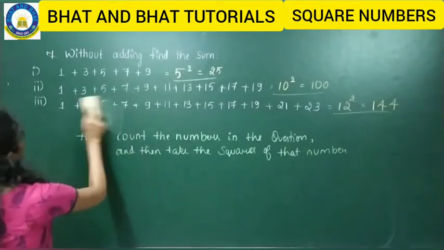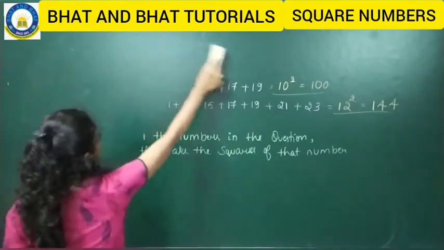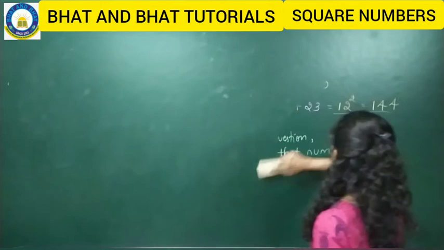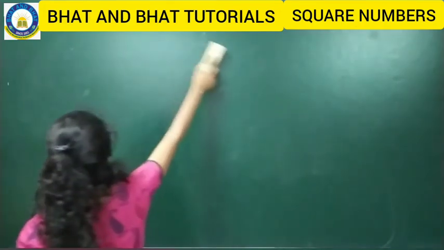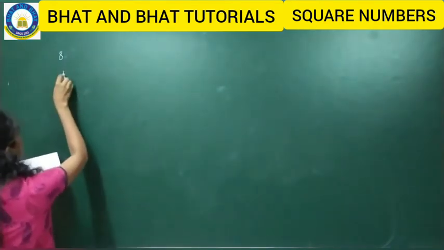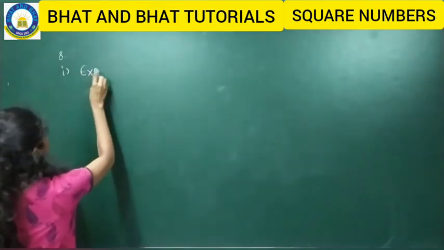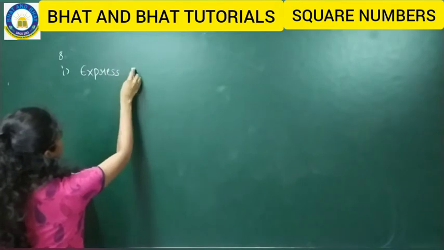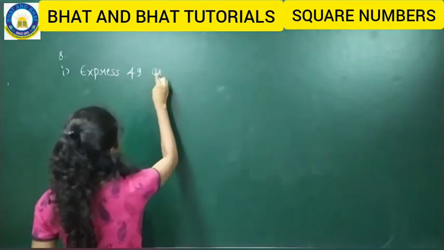Now I'll move on to the next one, the 8th question. Question number 8, the first sub question: express 49 as the sum of 7 odd numbers.